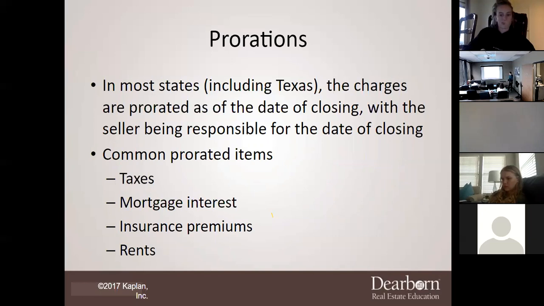Some common prorated items: taxes, of course, mortgage insurance, insurance premiums, and rents. Yep, even rents. So for example, if you were renting your property to Wyatt, he's paying you $2,000 a month, and you have a 1-year lease, and you decide you want to sell it to Travis.